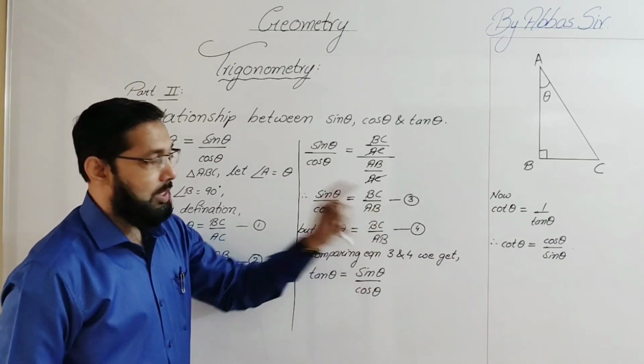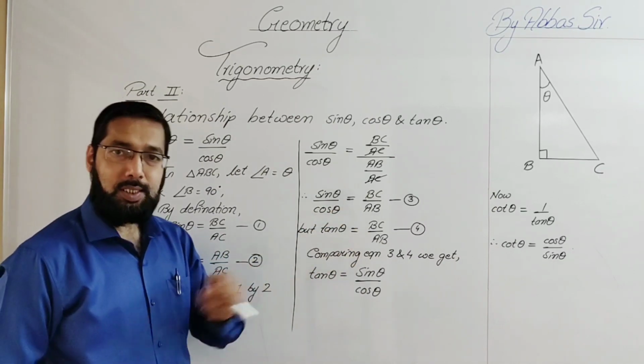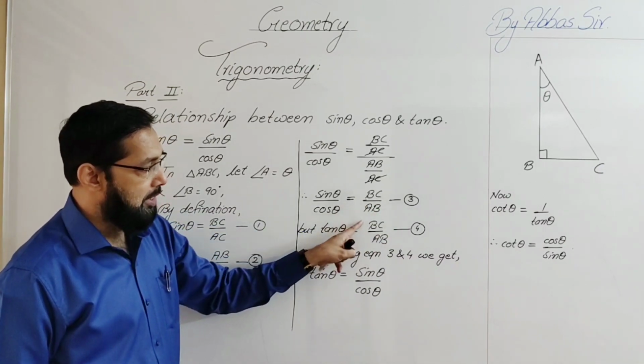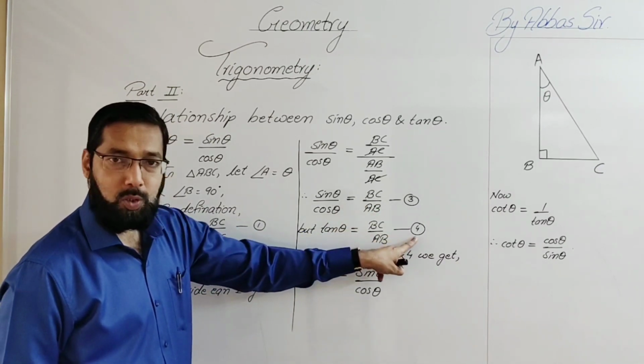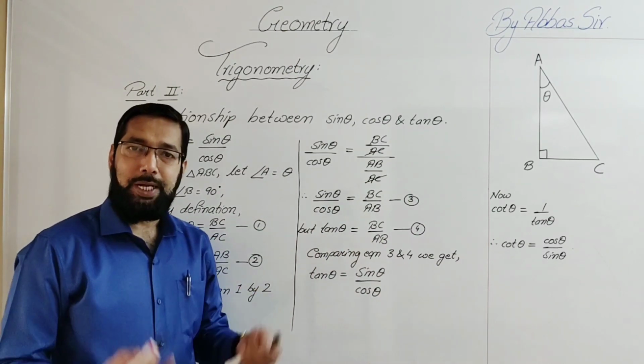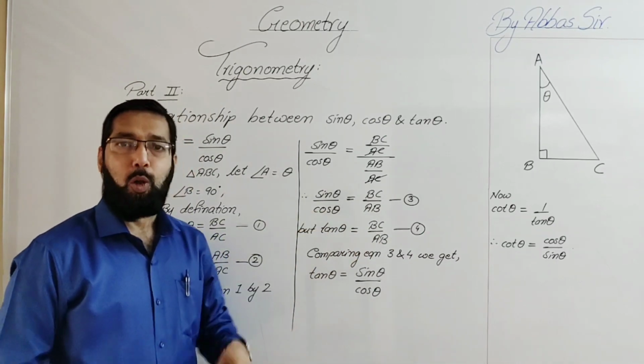Now compare equation 3 and 4. You will see that the right hand sides of both the equations are the same. That is, BC upon AB is in equation number 3 also, and BC upon AB is in equation number 4 also. So the RHS are equal. And we know, friends, when we compare two equations, if their right hand sides are equal, their left hand sides will also be equal.